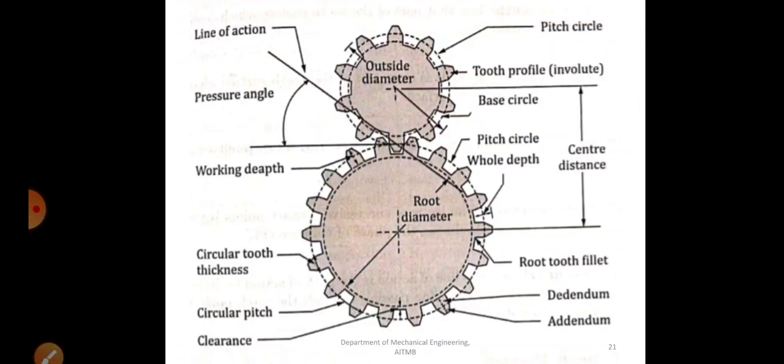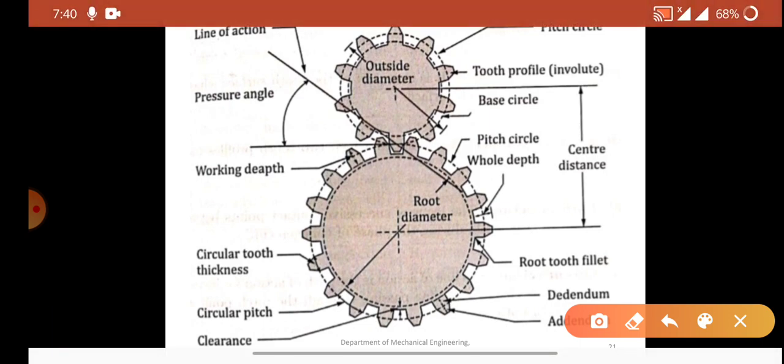When these two gears meet with each other, in this portion the tooth of the smaller gear is making contact with the tooth of the larger gear.